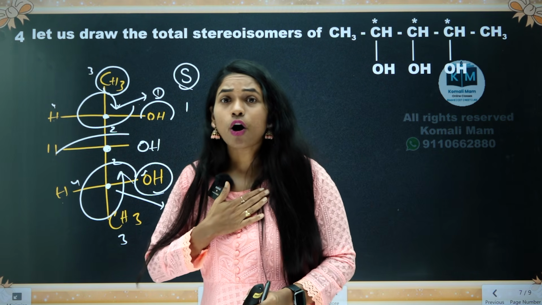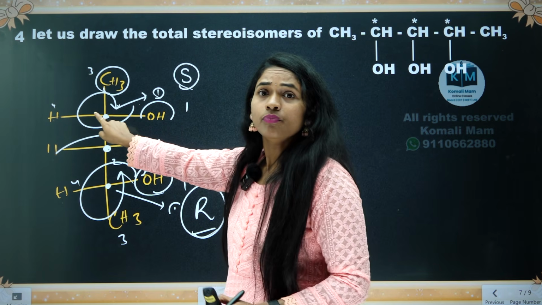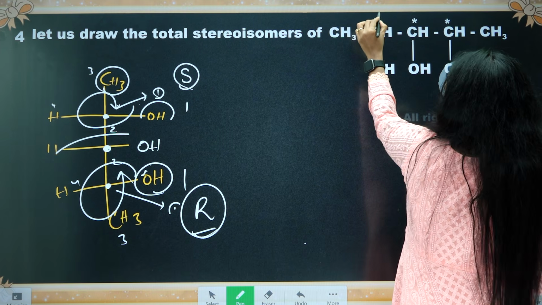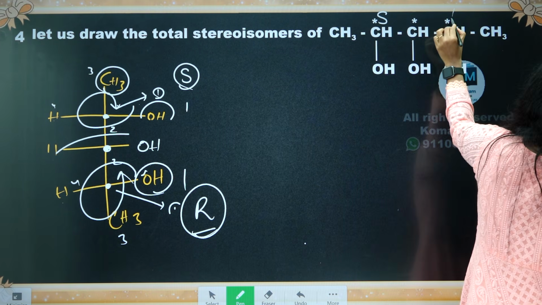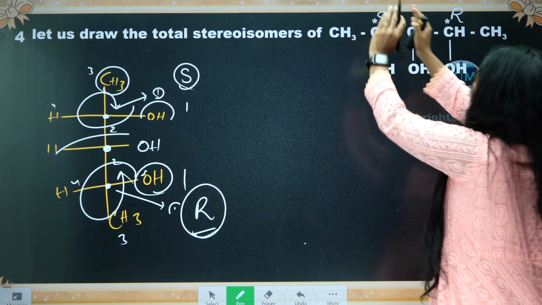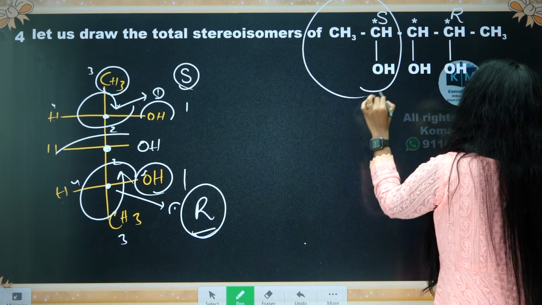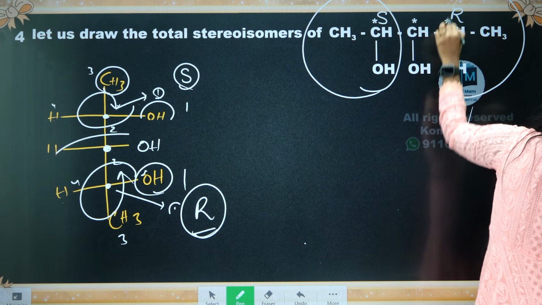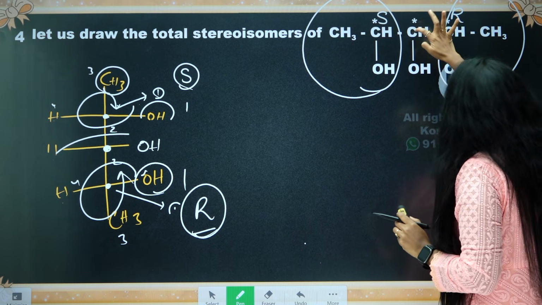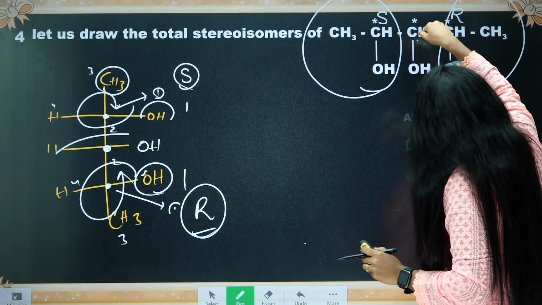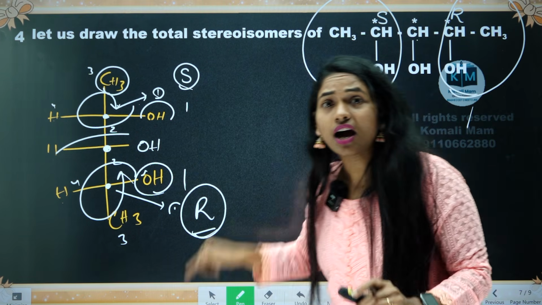See, I found this chiral center configuration is S, and this chiral center configuration is R. So whenever the configuration is different, this group acts as a different group, and this group acts as a different group. Even though these two are similar groups, you should consider that middle carbon as an asymmetric carbon.